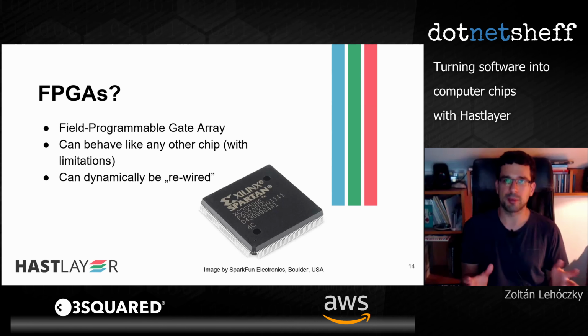Of course, it has a capacity, so this is within limitations. For example, if you want to accelerate physics of your computer game, you can configure an FPGA to do that. Or if you have your own compression algorithm, then you can also configure an FPGA to do that.